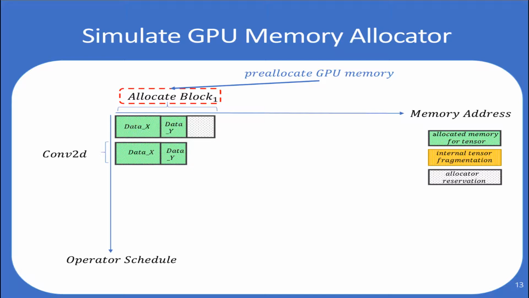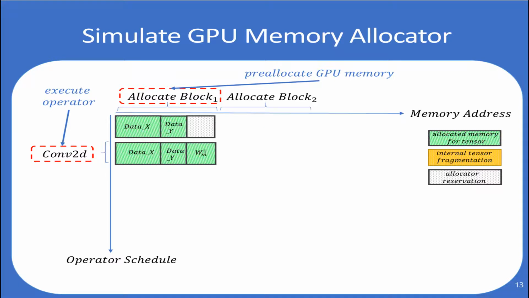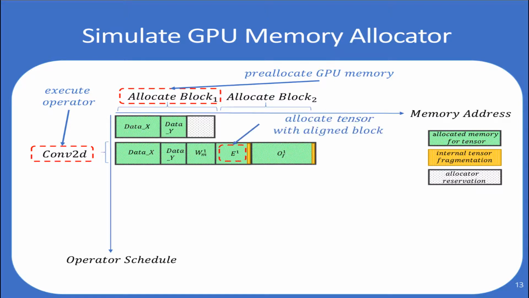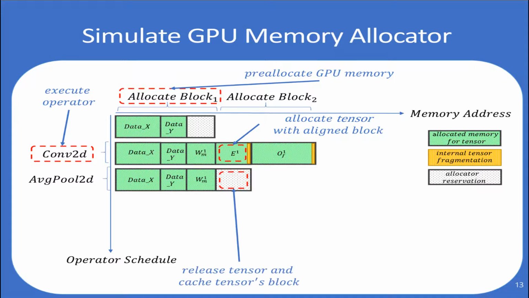When Conv2D executes, the framework allocator will give a little more GPU memory as internal tensor fragmentation to the ephemeral tensor E1, since its size is not aligned. After Conv2D has finished, E1 reaches the end of its life and is then released. However, the corresponding memory block is cached and will be reallocated for later use.